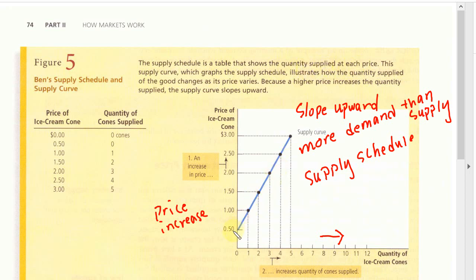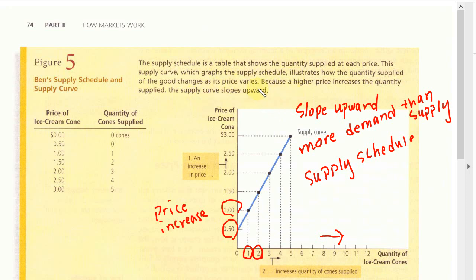Each price here corresponds to this amount, like this. You can see it according to price to demand, price to supply.